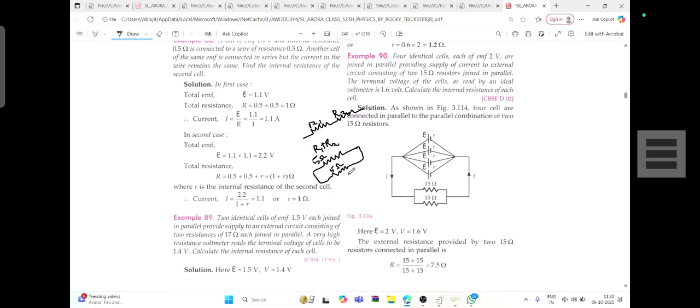That means the maximum resistance we can calculate from series combination, and the minimum resistance we can calculate from the parallel combination of resistances.